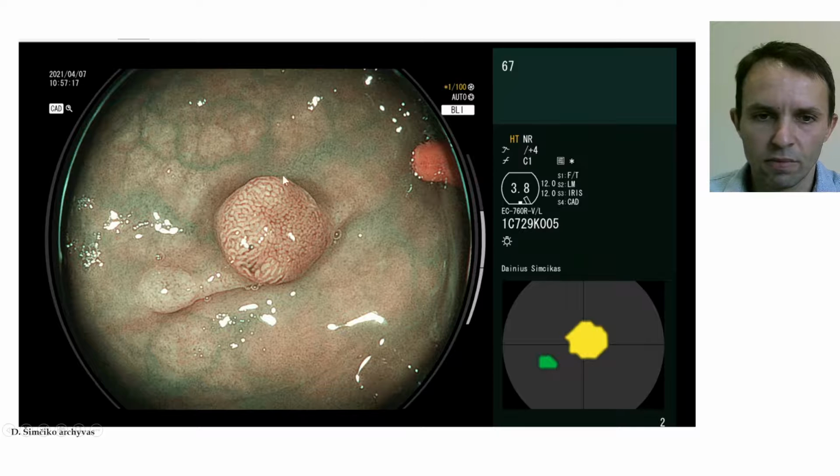And a very nice picture with an adenoma and a hyperplastic polyp growing next to each other, and artificial intelligence suggests the lesion in the center is neoplastic and the lesion close to it is hyperplastic.